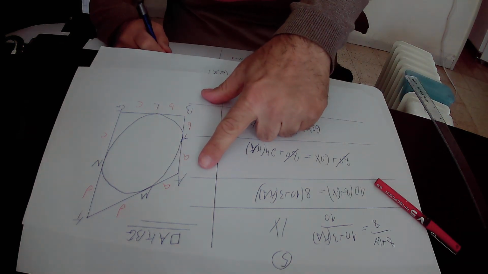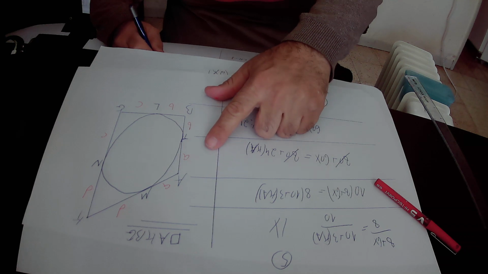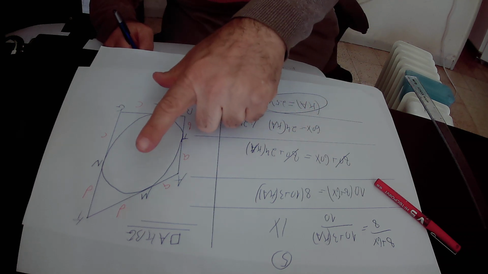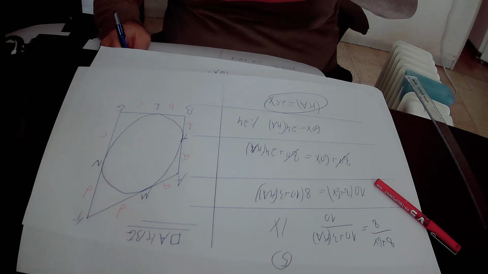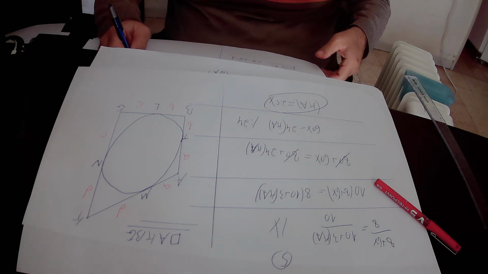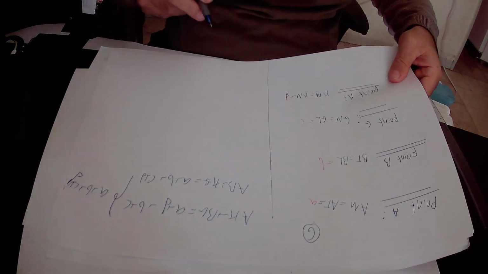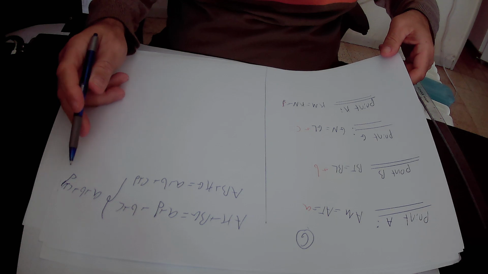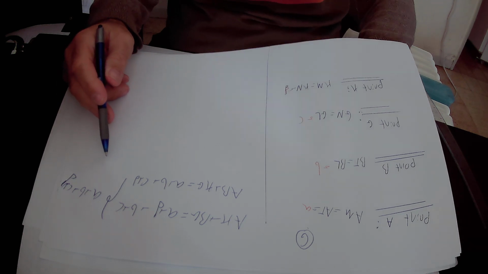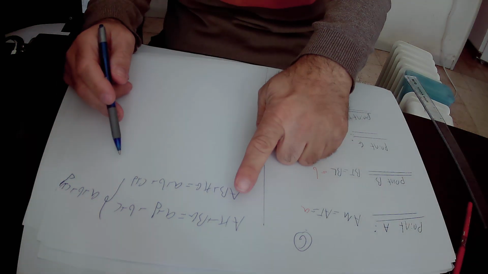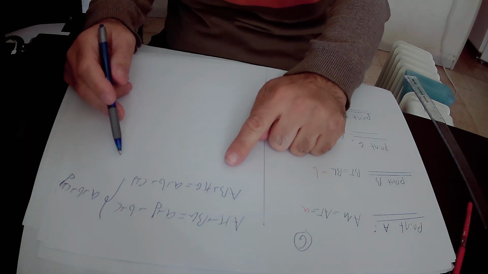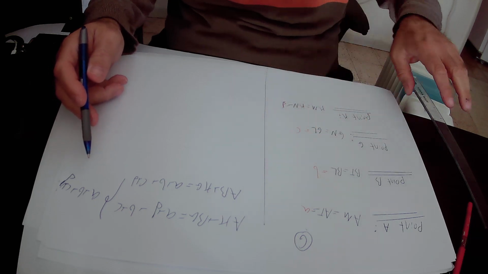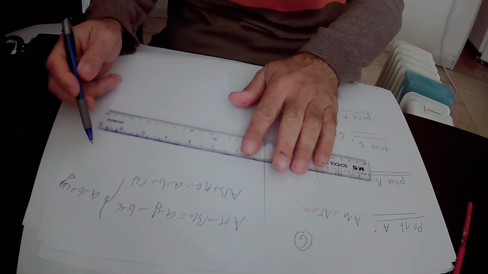From the drawing, it's very easy to see that AB equals A plus B, and KG equals C plus D. In conclusion, AB plus KG equals A plus B plus C plus D. So both AK plus BG and AB plus KG are equal to A plus B plus C plus D. Therefore, of course, they are equal to each other.